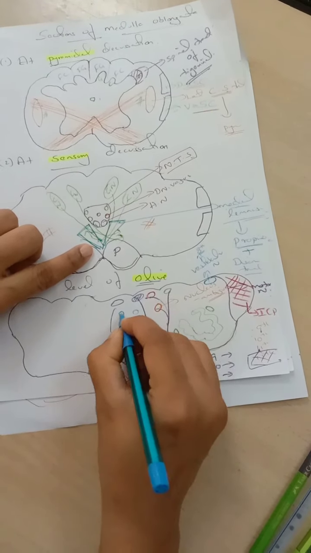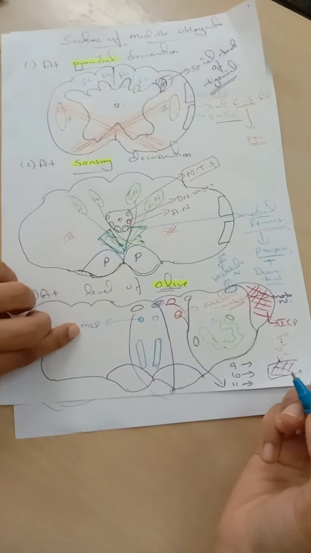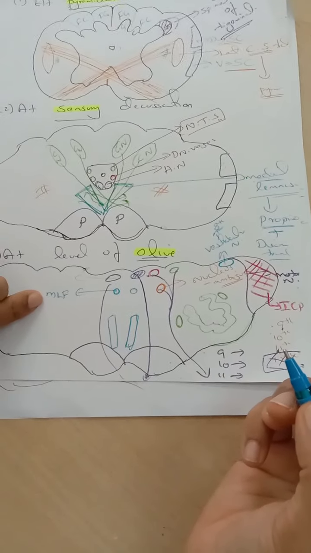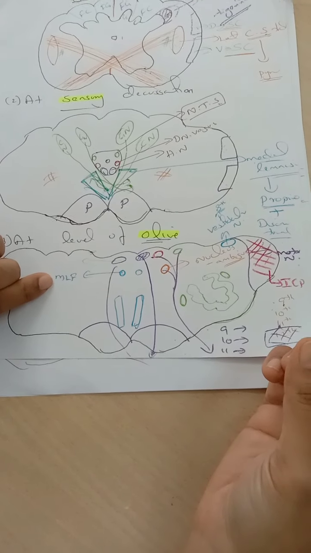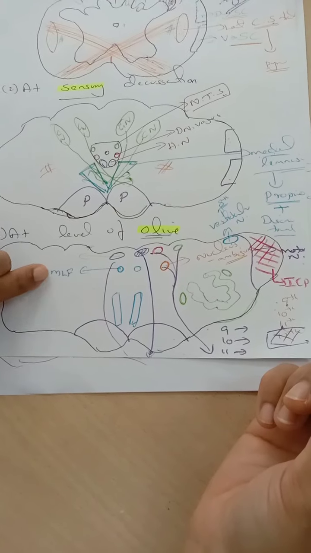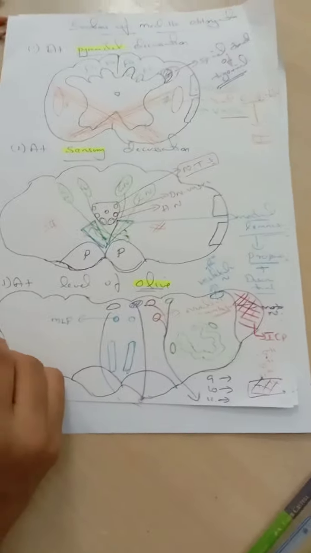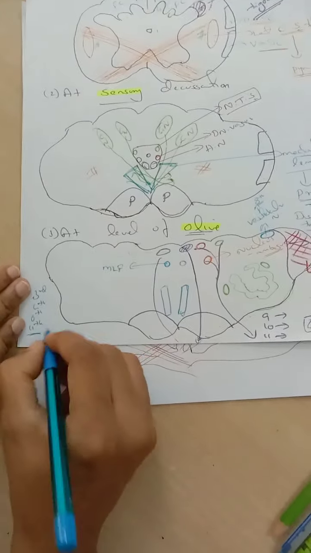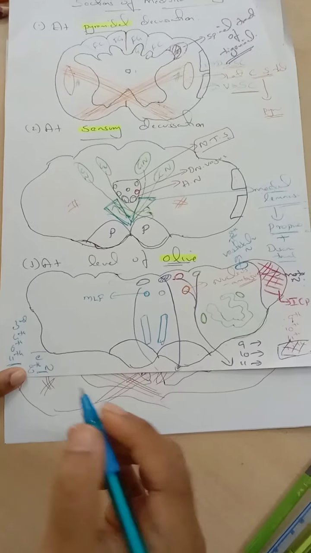Also, two more structures will start appearing here. This is called the medial longitudinal fasciculus. What is it doing? It interconnects the motor nuclei of the 3rd, 4th, 6th and 11th cranial nerves with the 8th nuclei, for the vestibular response.